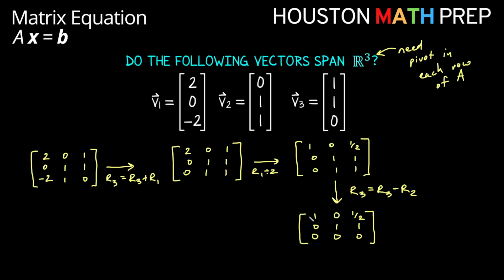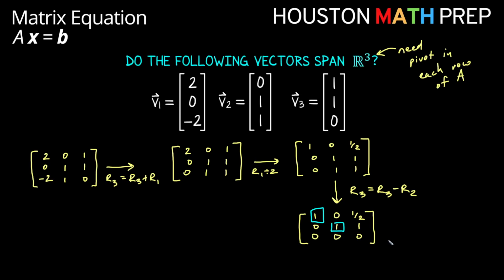Now, if we look in here, this is a pivot here, and this is a pivot here, but we don't have a pivot in the final row. Remember, a pivot needs to be a non-zero entry, certainly, and all zeros means we don't have that. If you think about extending this matrix and including that B column on the end, whether or not you had a 0 down here when you did your row reduction or some other number would determine if this last row is true or false, right?